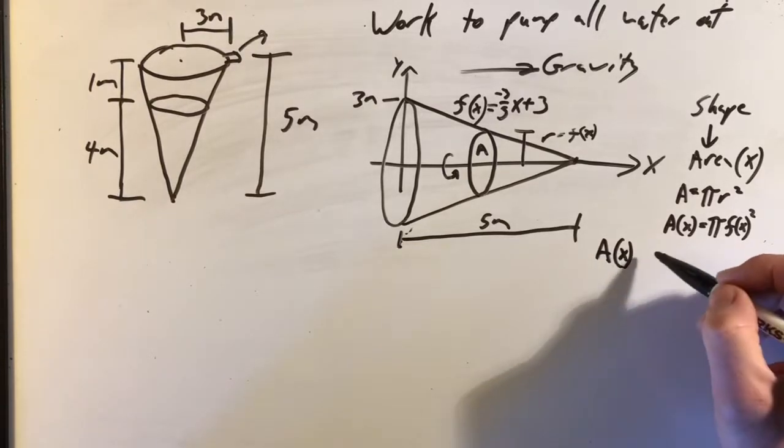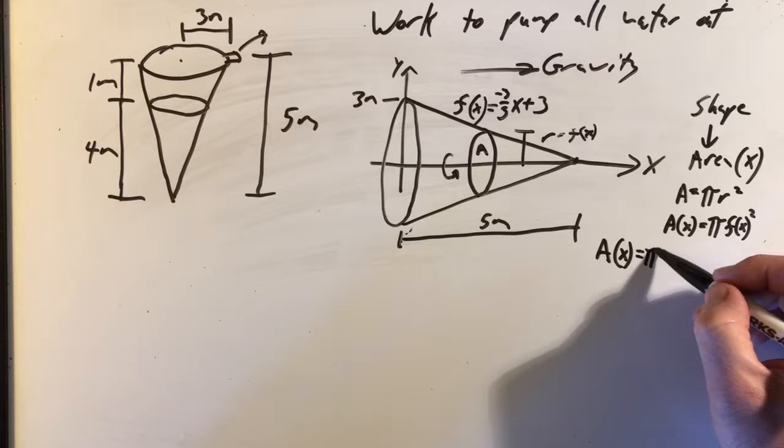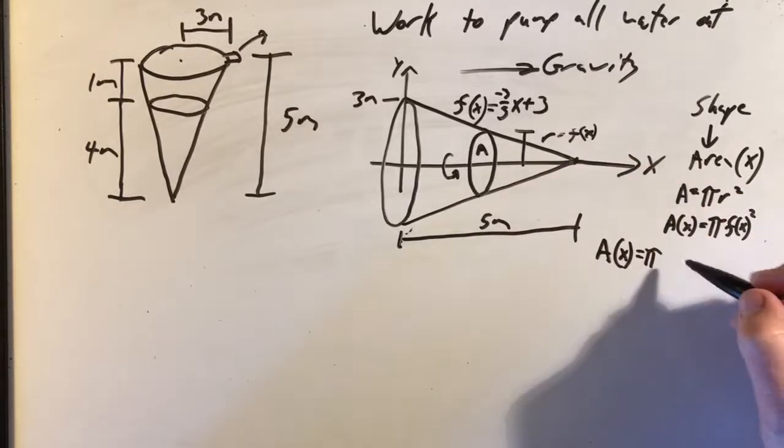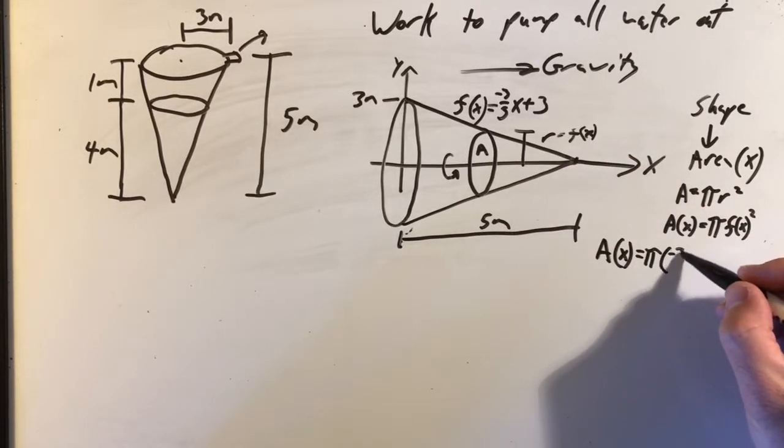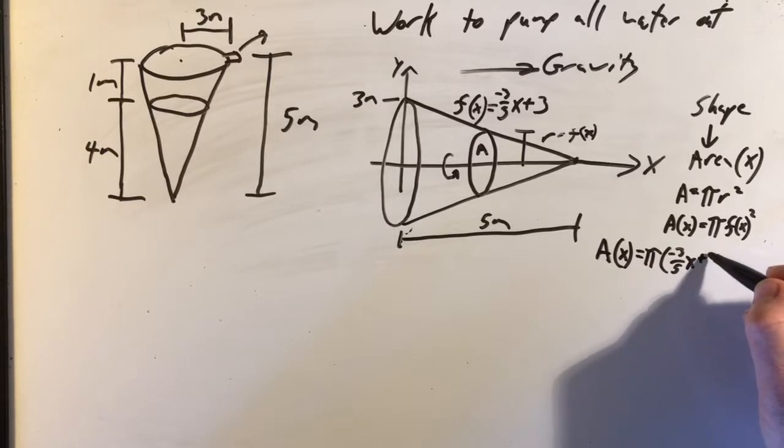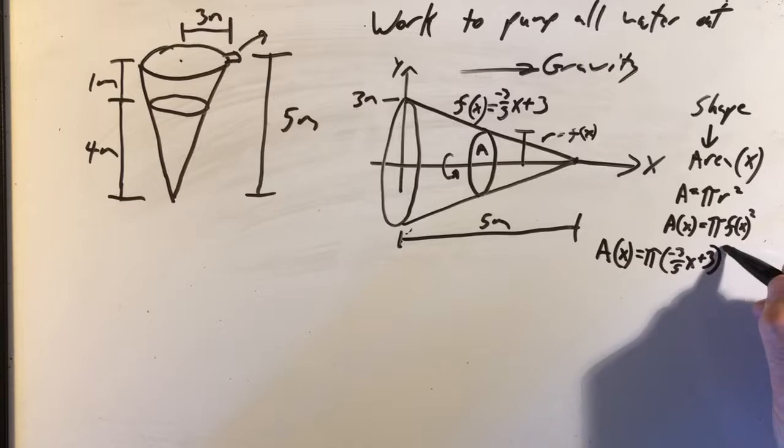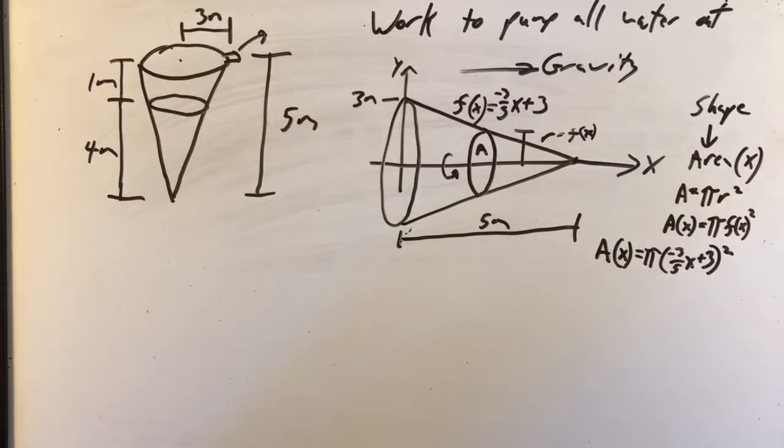area of x equals pi times my f of x, which is negative 3 over 5 x plus 3, quantity squared.